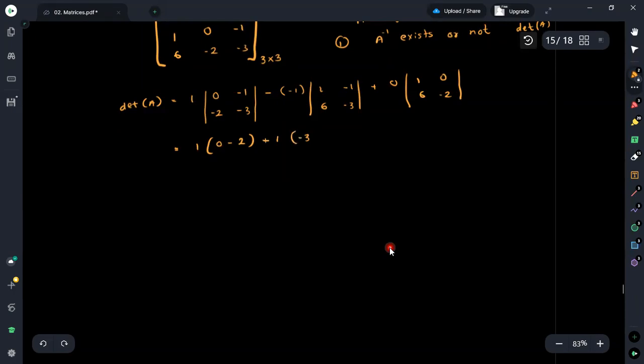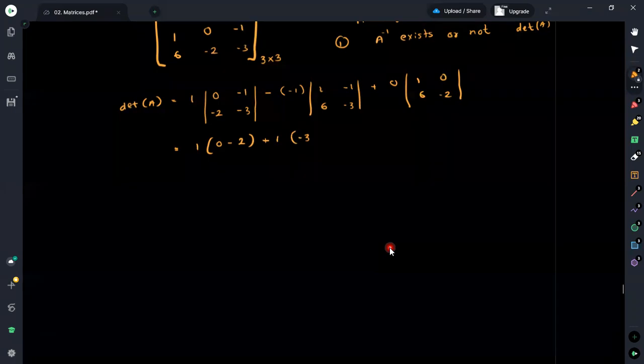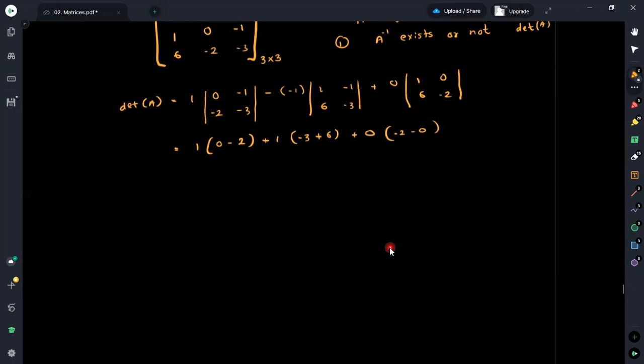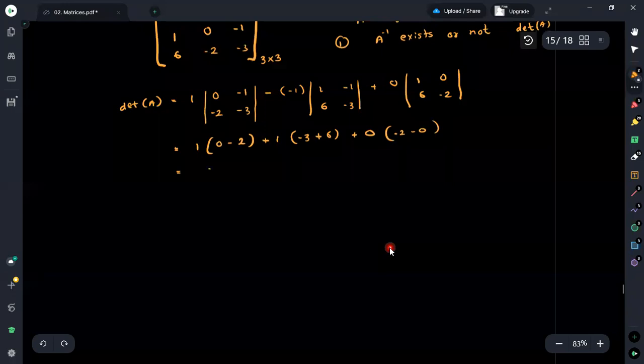Then here we get 1 times minus 3, then minus 6 times minus 1, minus with minus, we will get plus 6, then plus 0 times minus 2 times 0, minus 2 minus 0. We know that this part directly goes to 0, because this quantity is multiplied with 0. Therefore, we can obtain the values. Here, this gives the value as minus 2, then this plus 3 plus 0.